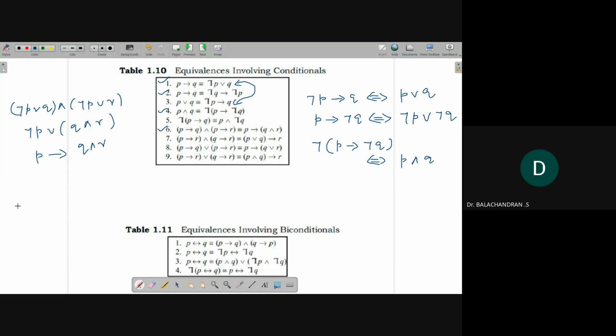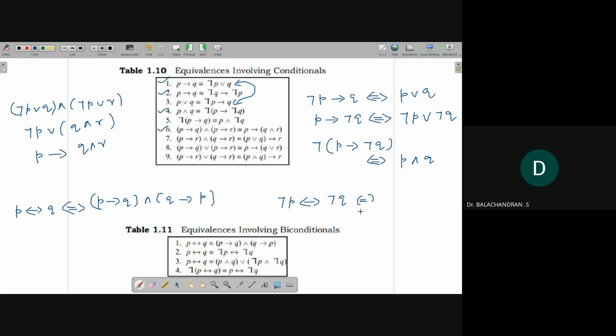P biconditional Q is equivalent to the basic one: P implies Q and Q implies P. If I don't know anything, I'll take both the left hand side and the right hand side and apply the same thing.